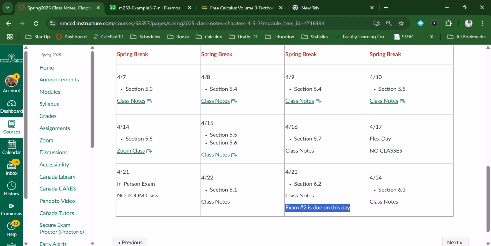So if you take it in person, I'll try to grade it and give it to you by Tuesday so you still have an opportunity to retake it online if you want. Okay? So we will meet on Tuesday next week. Yeah. Yes. All right. That's it.